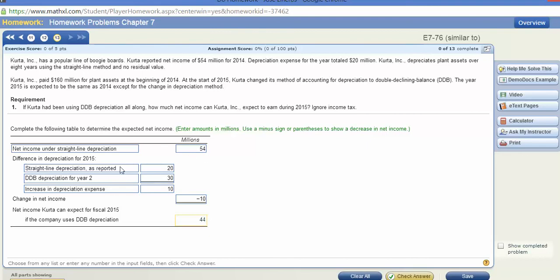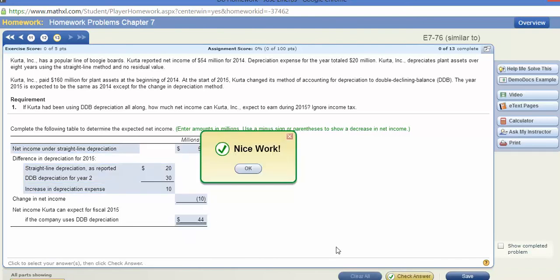With the effect of straight line, we would have taken 20 million, but with double declining balance being 10 million more, we in essence are writing off or writing down our net income by 10 million and paying tax on 10 million less. And that's why that's important. That $10 million is not subject to taxes in that year. So you can see the attraction of double declining balance.